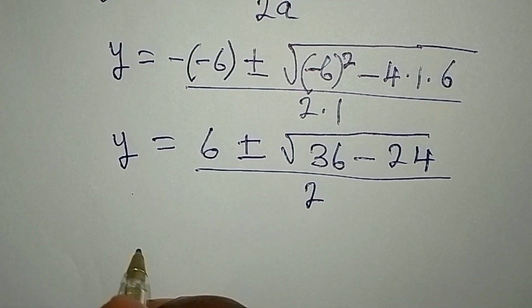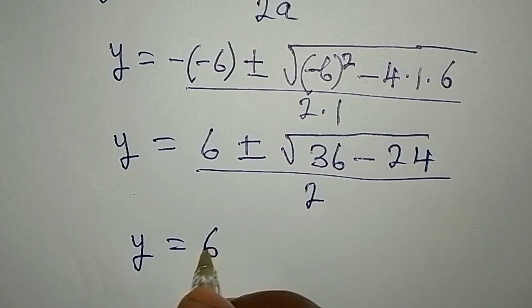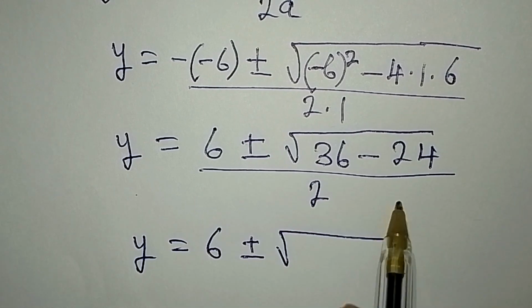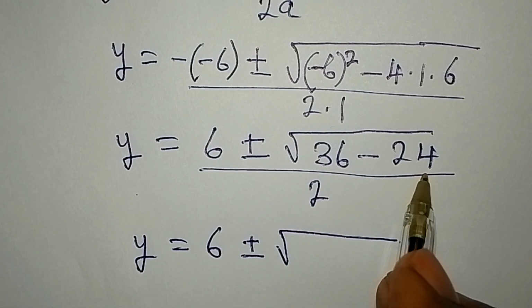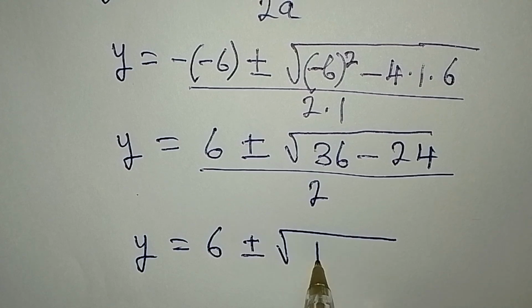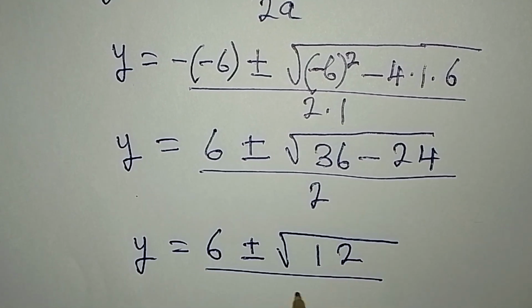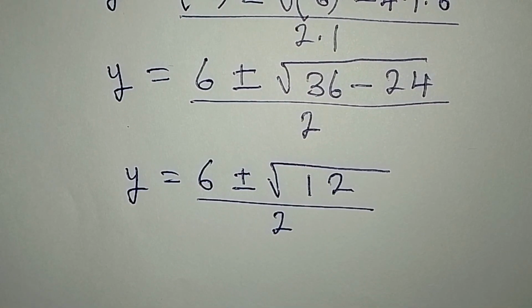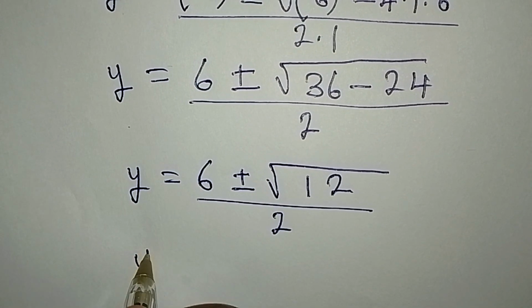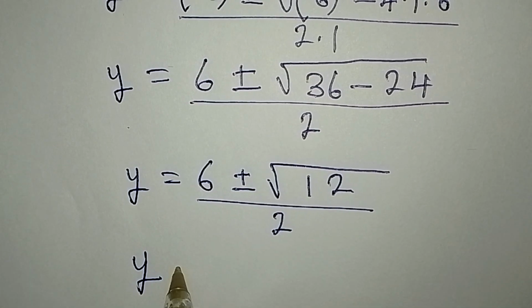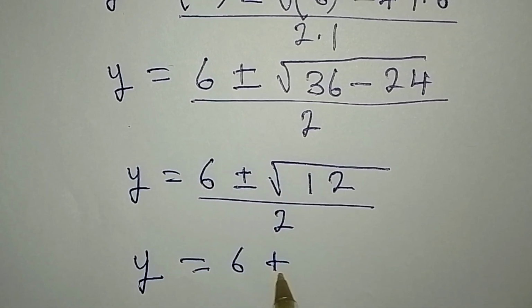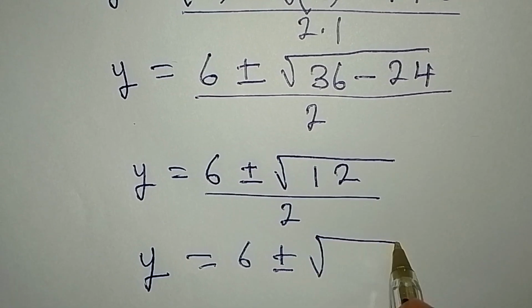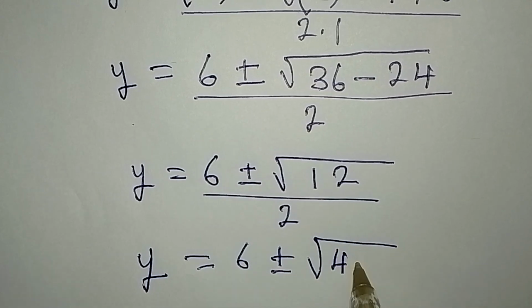To continue with this, y will be equal to 6 plus or minus square root of 36 minus 24, which gives us 12, and this is all over 2. Now we're going to reduce root 12 into a simpler form, because 12 is 4 times 3.